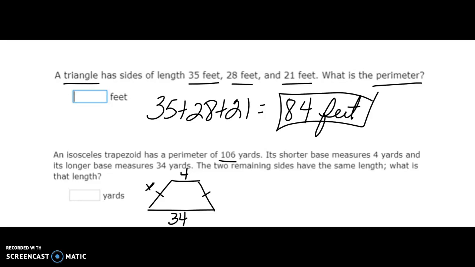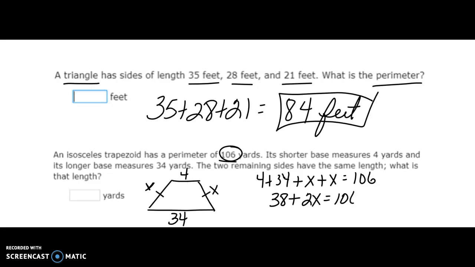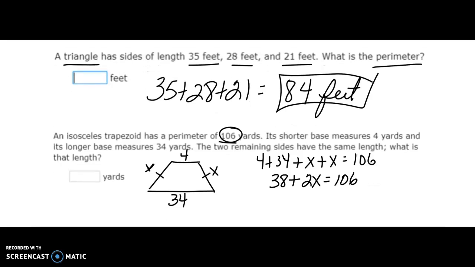So we want to know how big those are. We don't know them yet. But we do know that 4 plus 34 plus x plus x is supposed to add up to be 106 because that's what they tell us right there. So 34 plus 4 is 38. x plus x is 2x. And we bring down that 106.